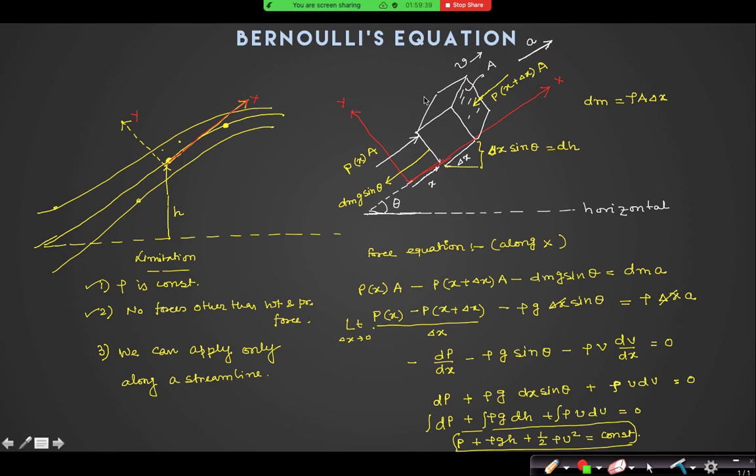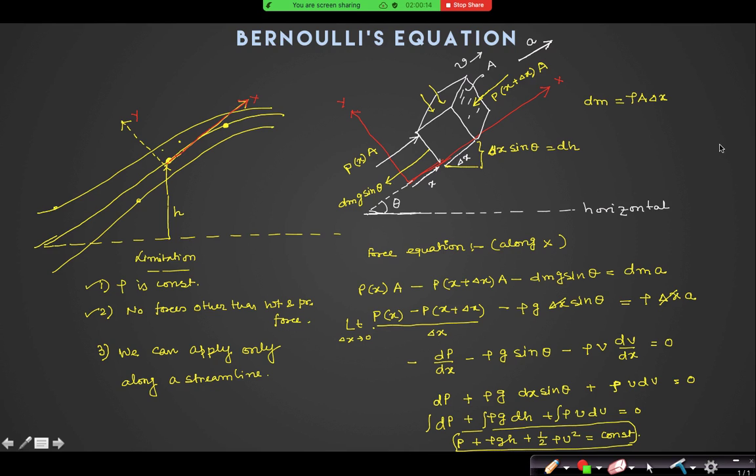Whenever there is a vertical displacement, you have to also consider the vertical forces. It is not always true that vertical forces are balanced. Can you apply Bernoulli's equation along this vertical line? No, we can't. I have integrated along the streamline, so along this streamline every point I can do it.